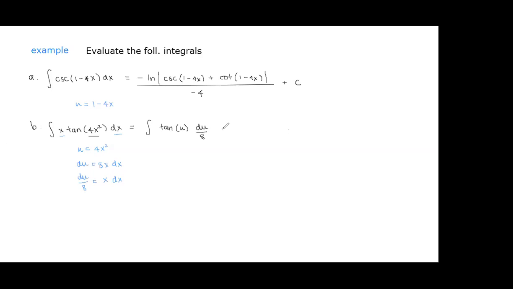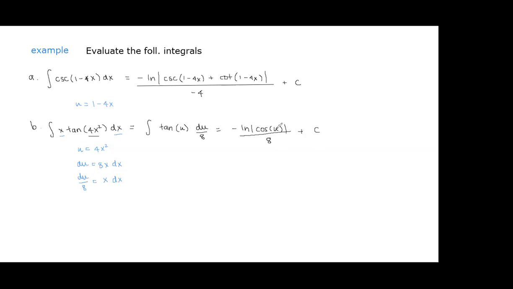Okay. If I have tangent of u times du over 8, that means that I'm going to have to just integrate this function, which is actually not too bad because I know that this is going to be minus ln of cosine of u, and this was divided by 8, so it has to be divided by 8 over here, plus c.